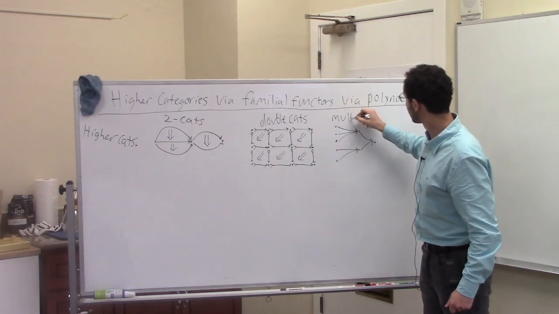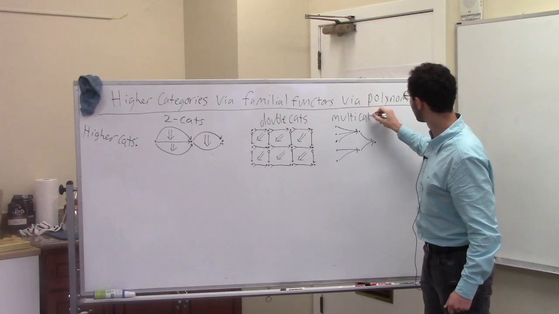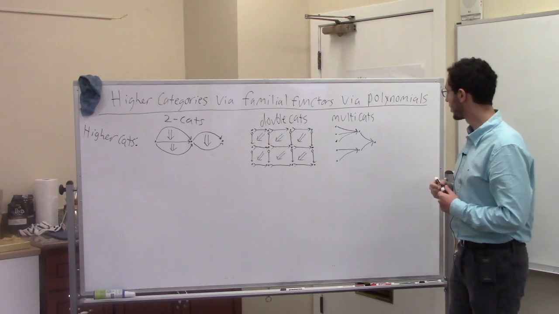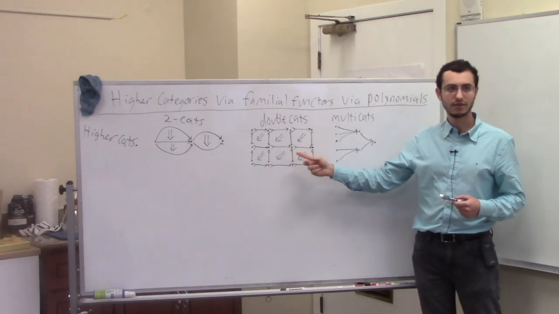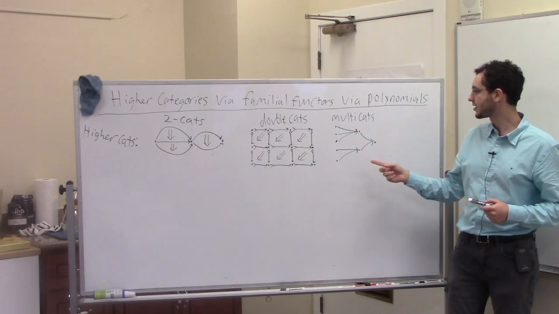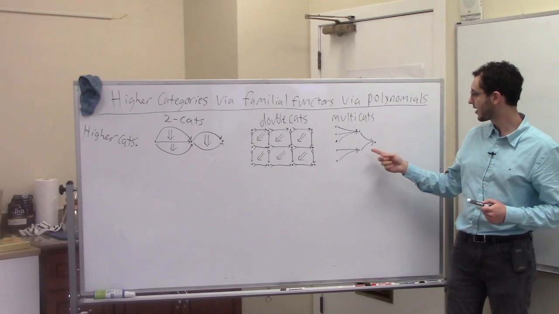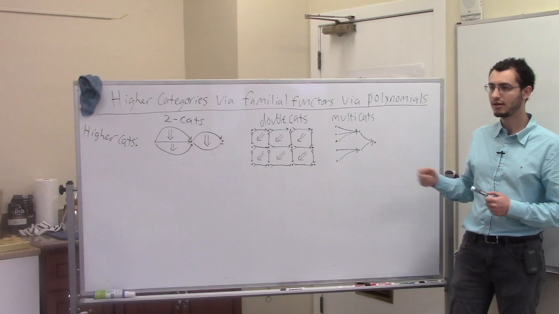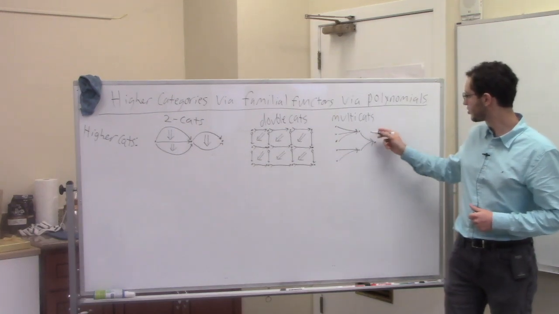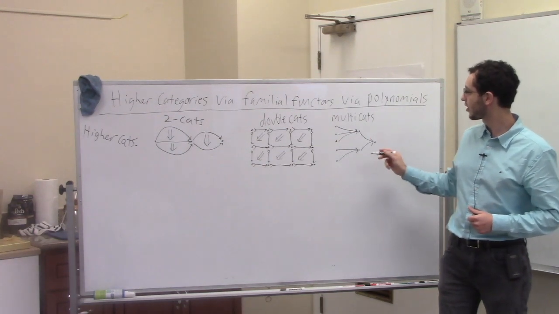We could also think about multi-categories, which don't have any higher dimensional cells in the sense that we see over here, but instead have very different kinds of cells in that we have n-to-1 arrows for any n. That includes these 2-to-1 and 3-to-1 arrows I've drawn here.